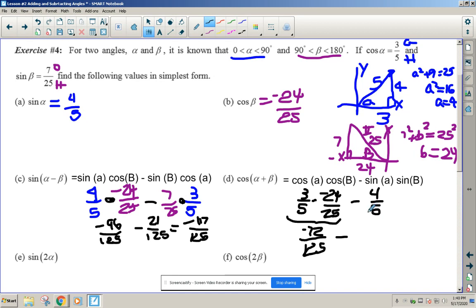Sine of beta, right here, 7 over 25. And that's going to give me 28 over 125. So that will give me now a final answer of negative 100 over 125.